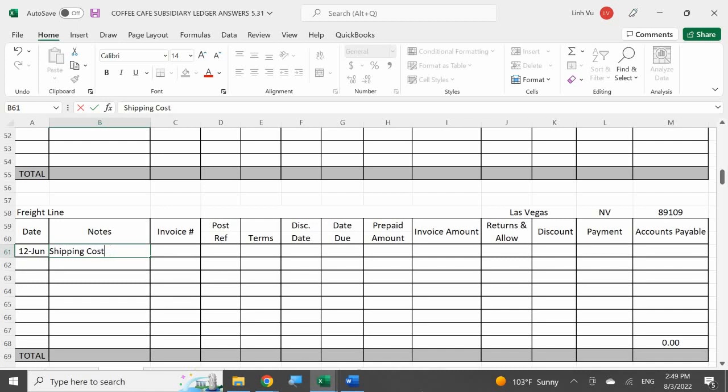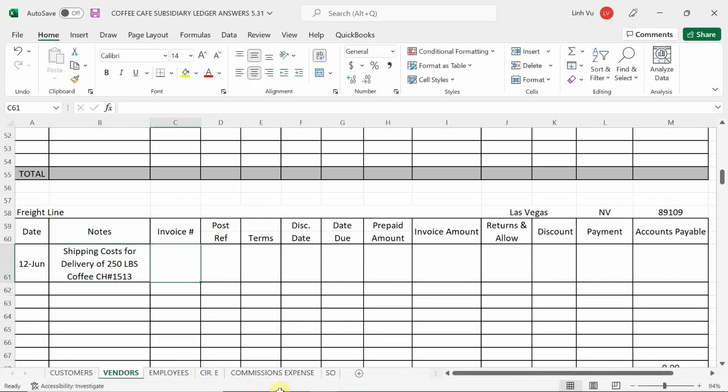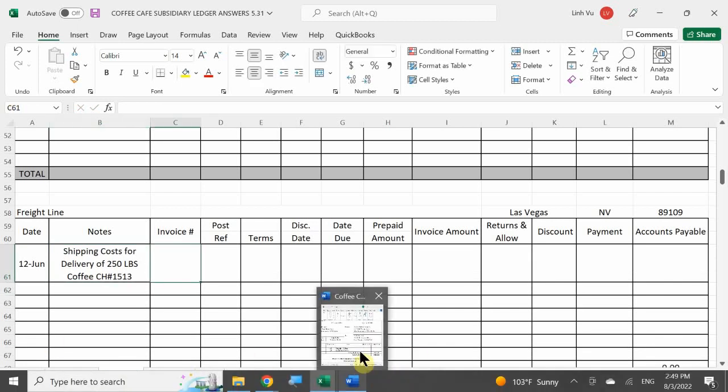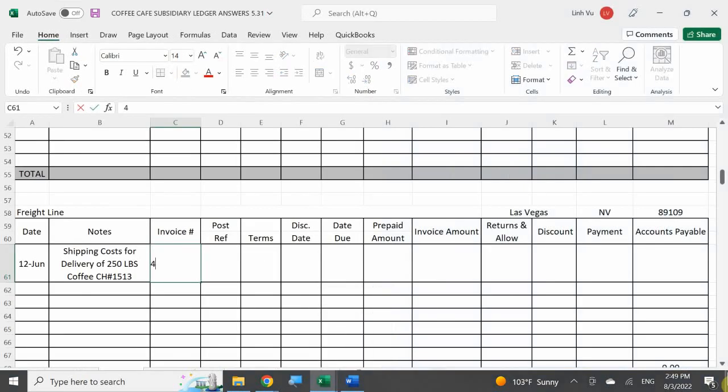Shipping costs for delivery of coffee, of 250 pounds of coffee. Okay. And we use check number 1513 to pay. Okay. What was the invoice number on that right here? 482.